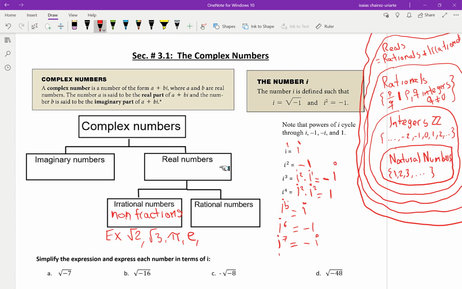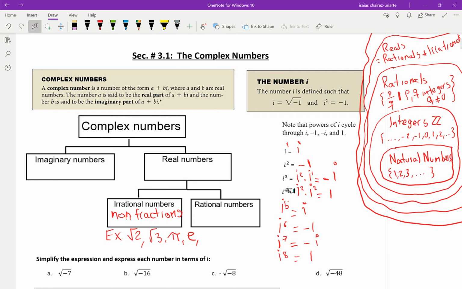And i to the eighth should be the same thing as i to the fourth, so back to 1. And then this cycle just continues. i to the ninth is the same thing as i, i to the 10th is the same thing as i squared, i to the 11th is the same thing as i cubed, and i to the 12th should be the same thing as i to the 4th.